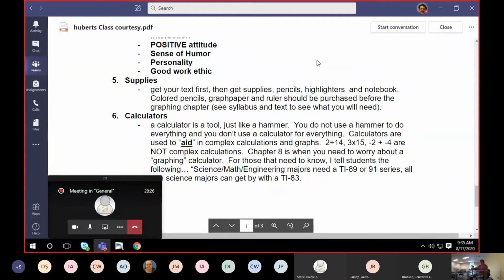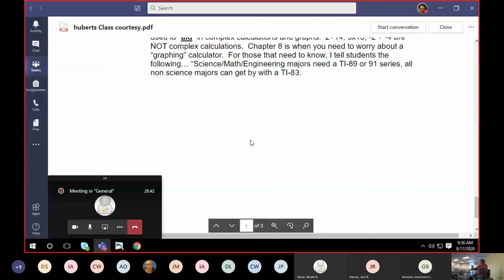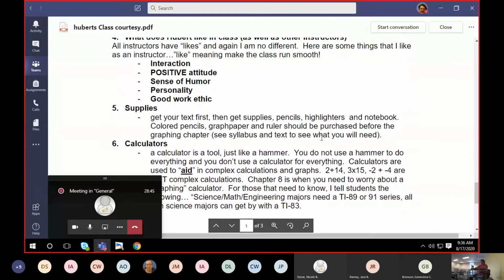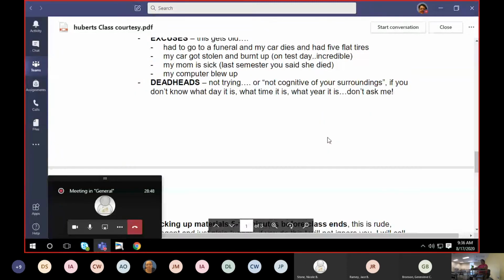Apple products you have to pay extra money for, so you have to find that out on your own. I'm not an Apple person, so everything they come out with has extras, and every extra is extra money. That's why I don't buy an Apple product. Okay? And that's a little bit about supplies.